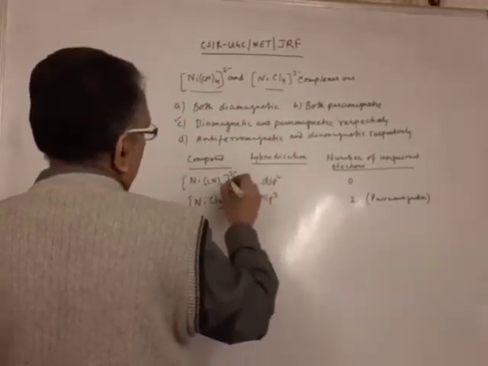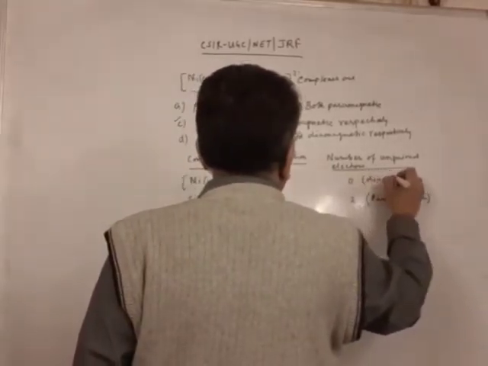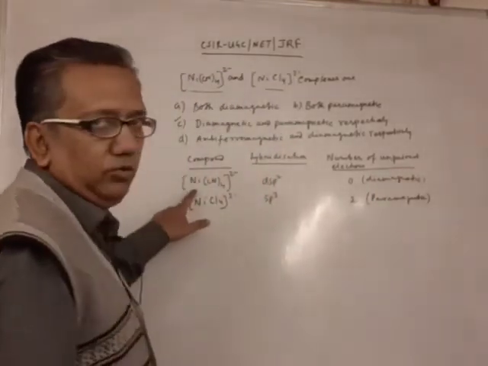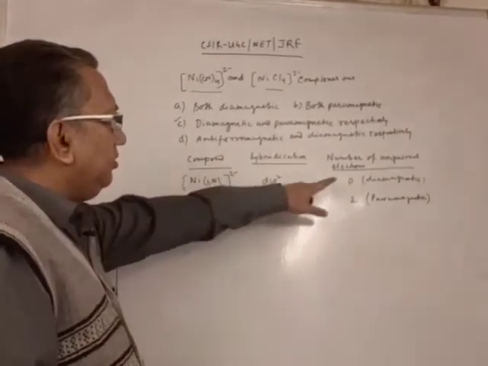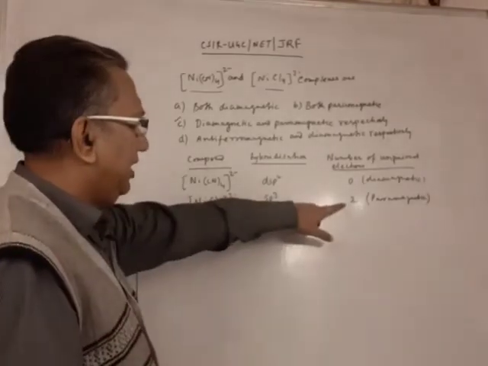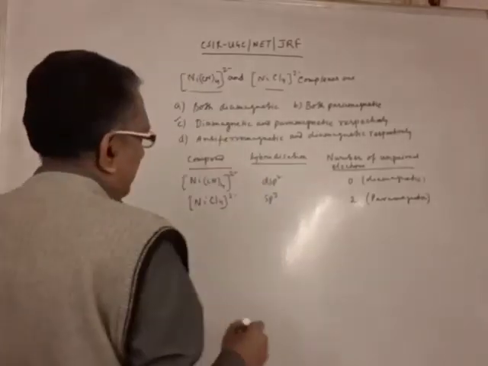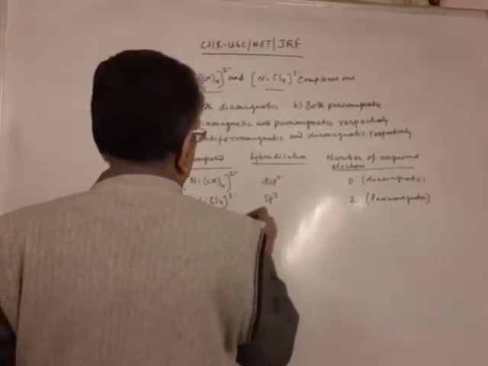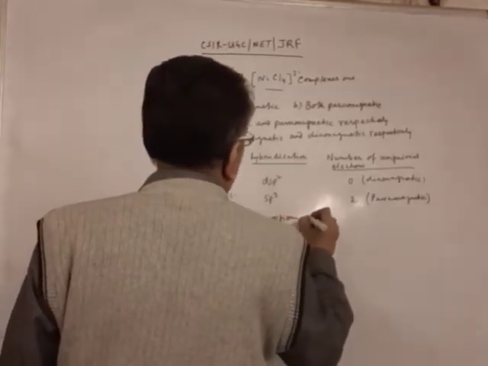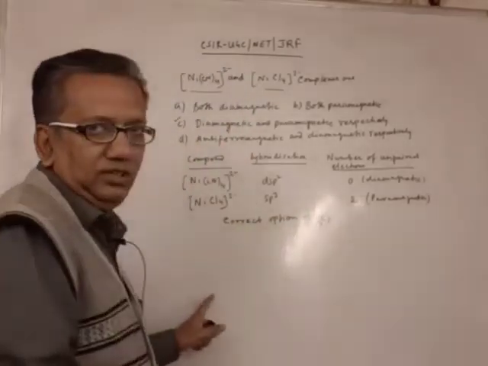Ni(CN)4 2- is diamagnetic having no unpaired electron, while NiCl4 2- is paramagnetic having 2 unpaired electrons. So option C is the correct one.